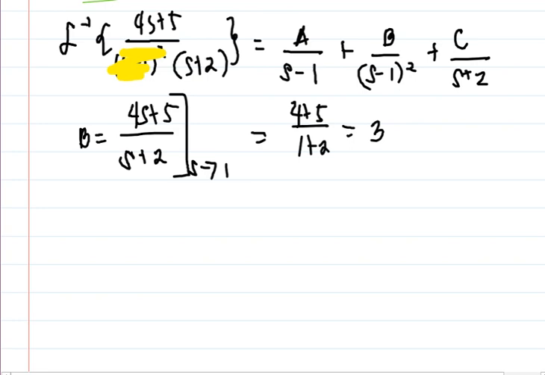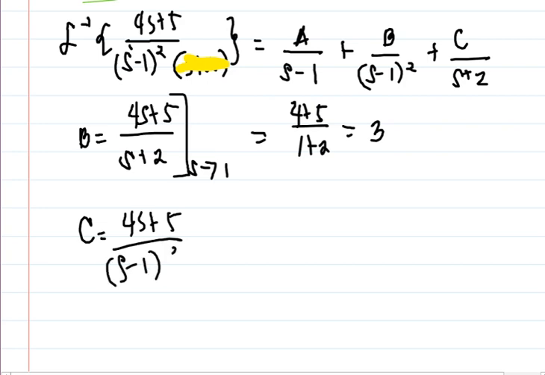Okay, next, for C, if we cover the factor s plus 2, then what remains is 4s plus 5 all over (s minus 1) squared, and we substitute the value which is negative 2.